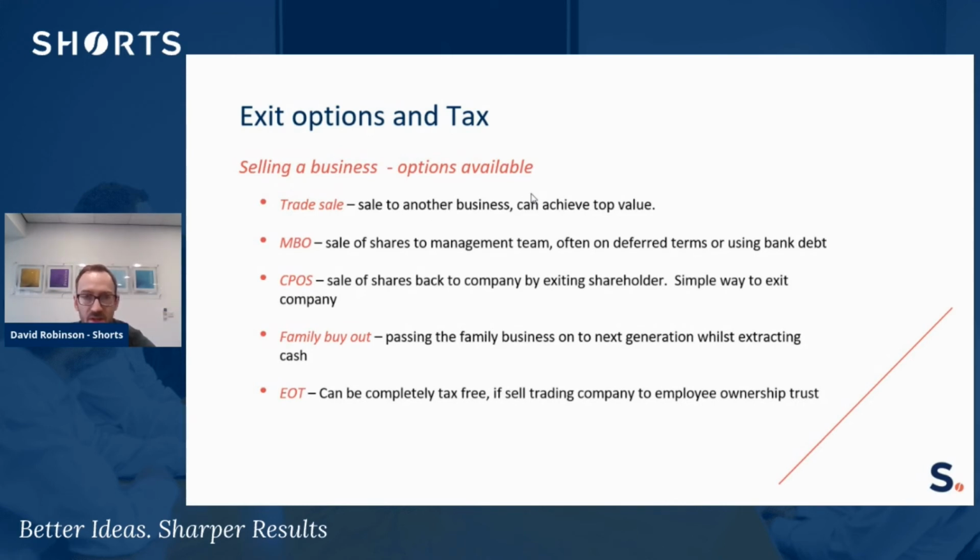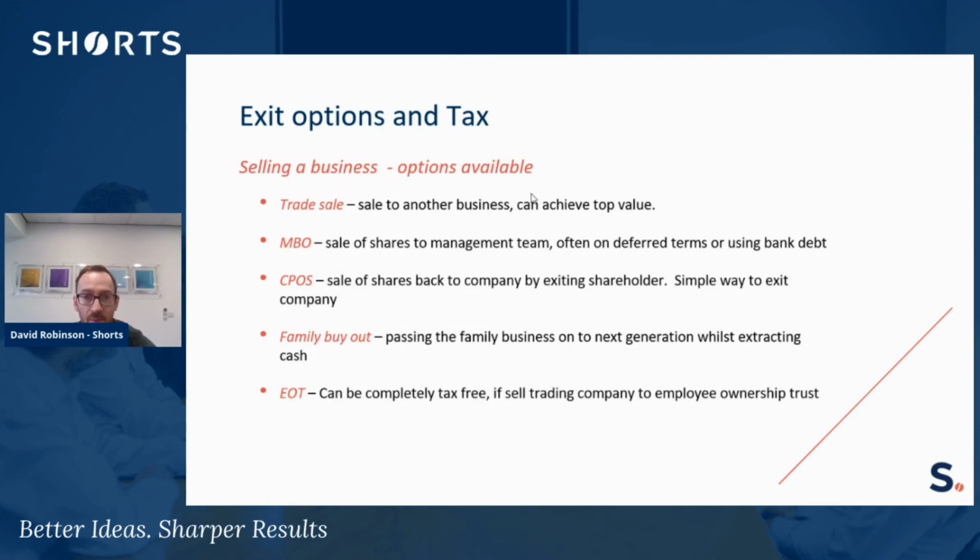Thirdly, there is a transaction called a company purchase of own shares, which effectively allows a shareholder to sell shares back to the company as a way of exiting. Now, that isn't generally recommended or possible for majority shareholders. But if you've got a minority shareholder that's exiting in full, then that can be a good way of allowing them to leave in an efficient manner.